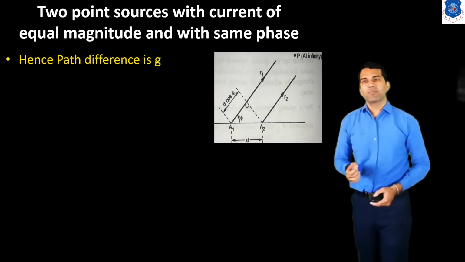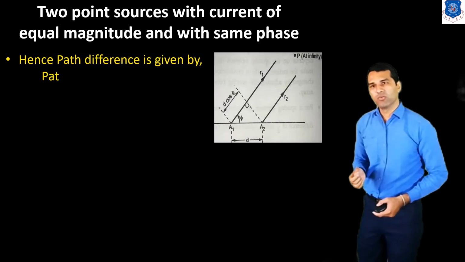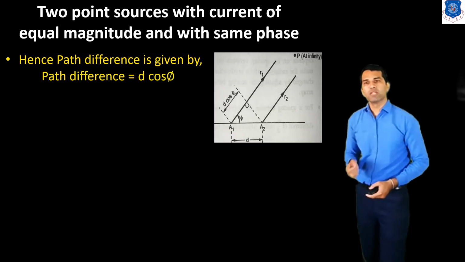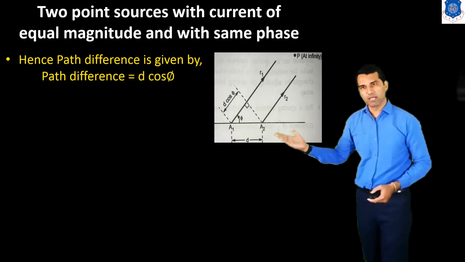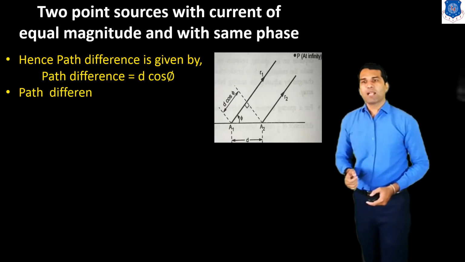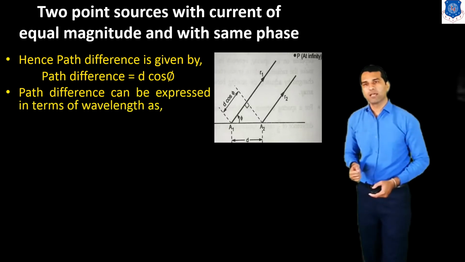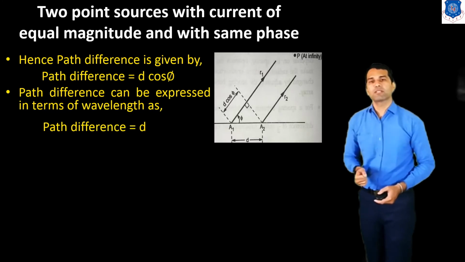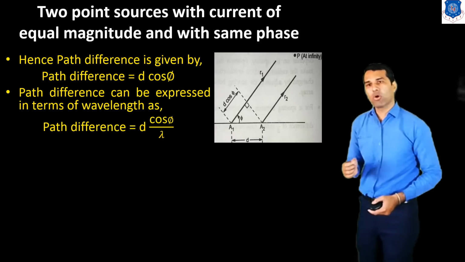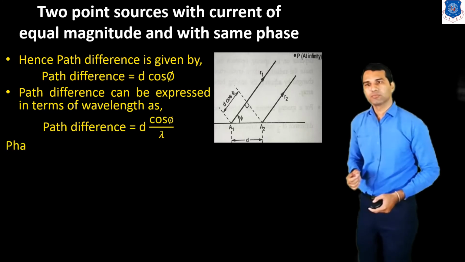Hence the path difference is d cos phi. We can also write the path difference in terms of wavelength as d cos phi by lambda.